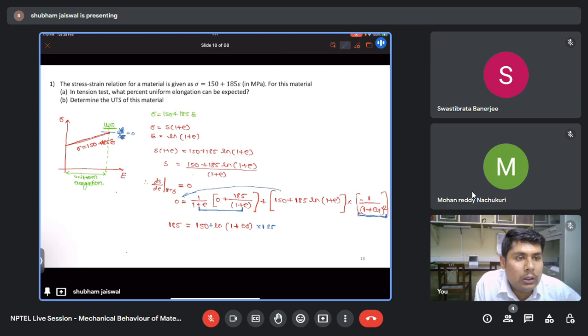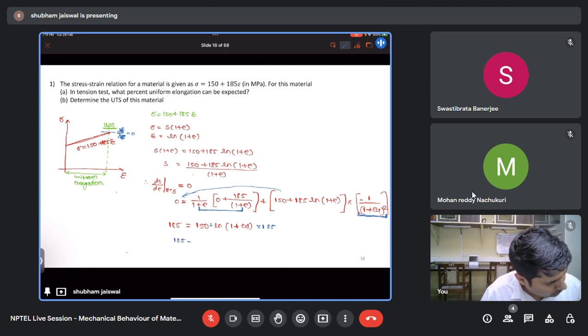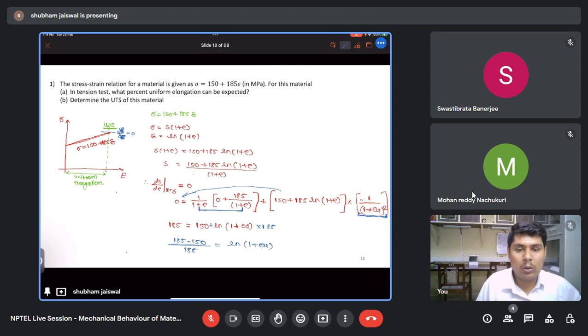Yes, sir. So now, if you solve, (185eU minus 150) divided by 185eU is equal to ln(1 plus eU). Now solve this equation and tell me the value of eU.